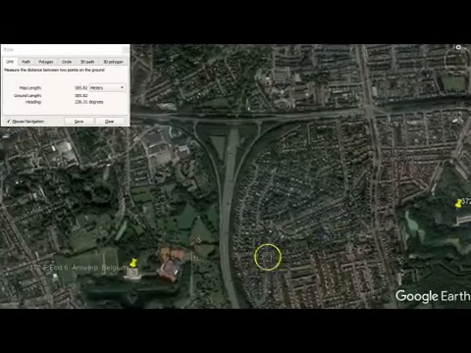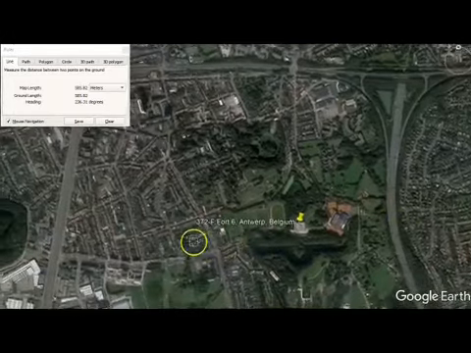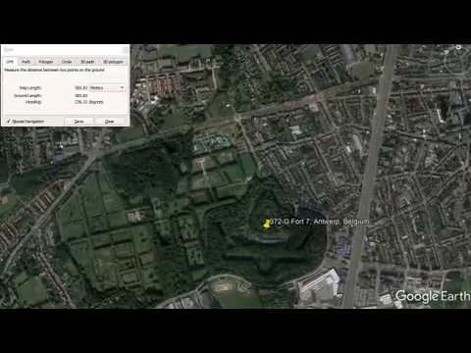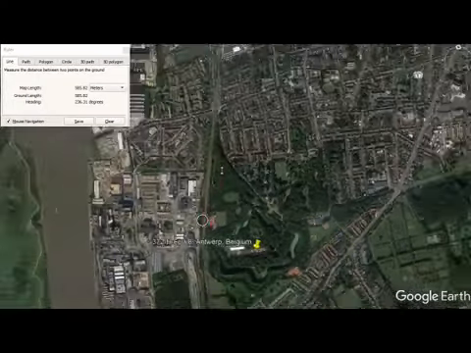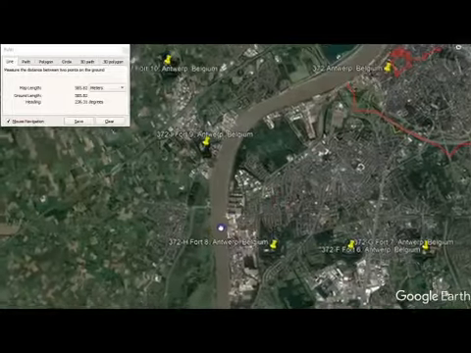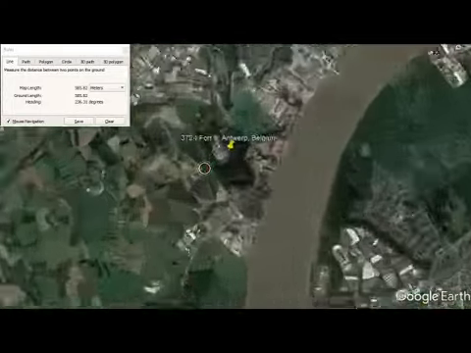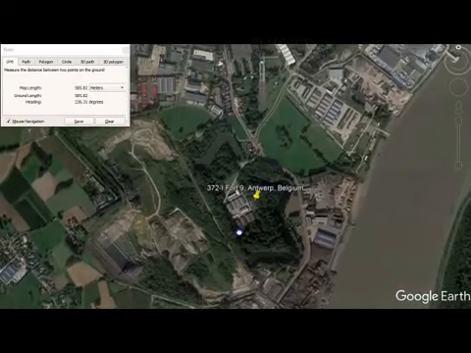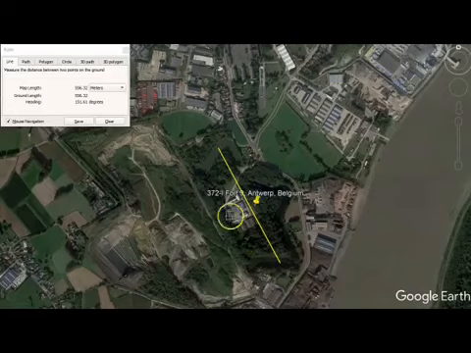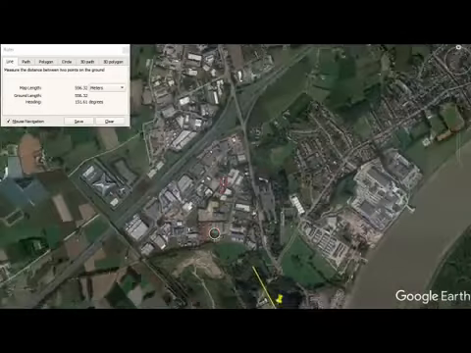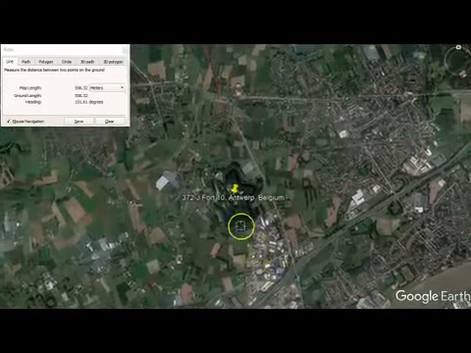Another. Another. Again. Going up here. Not really getting smaller.